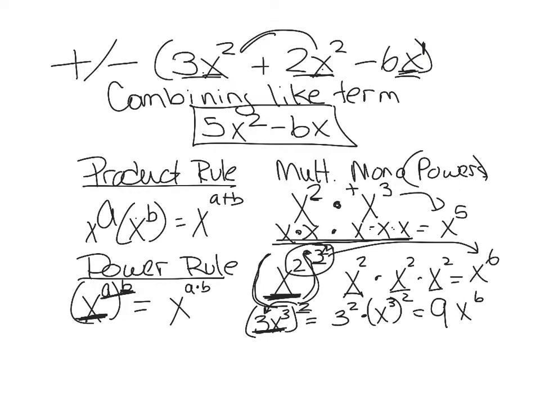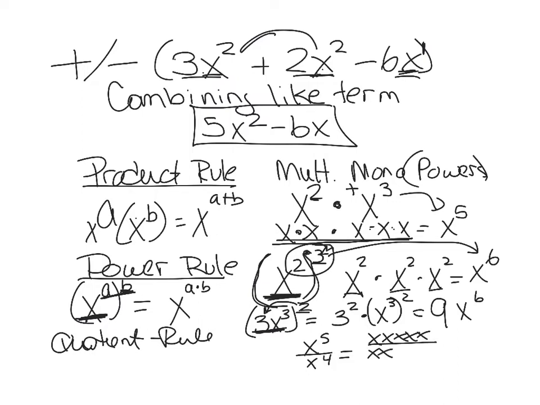All right, and the last rule we had was the quotient rule. That's when you're dividing. So if I have x to the 5th over x to the 4th, then you subtract. Because if I had 5 x's being multiplied on top and 4 on the bottom, they would all cancel out except that one on top.